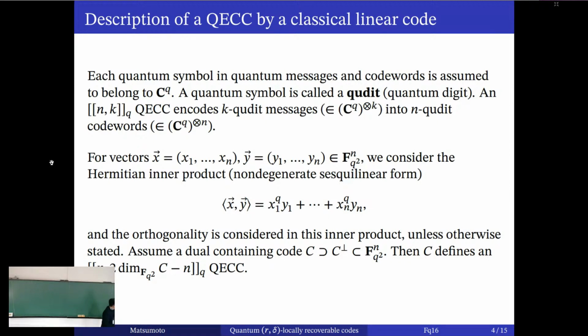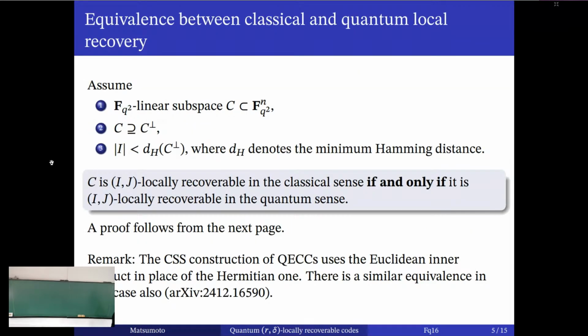Suppose that we have a linear code C over F_{q^2} which contains its dual. Then this classical linear code defines a quantum error correcting code with this parameter. So this is one description of quantum error correcting code by classical linear code.